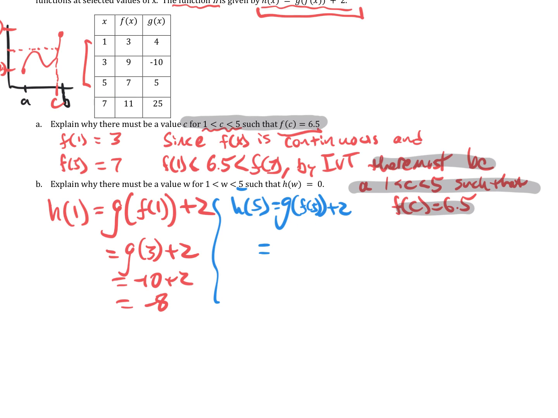F of 5 is 7. So this is g of 7 plus 2. What is g of 7? Well, g of 7 is this 25 over here. So that's 25 plus 2, which is 27. So we ask ourselves, is 0 between negative 8 and 27?